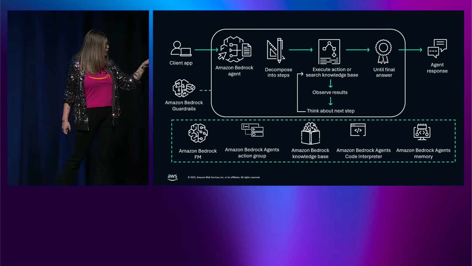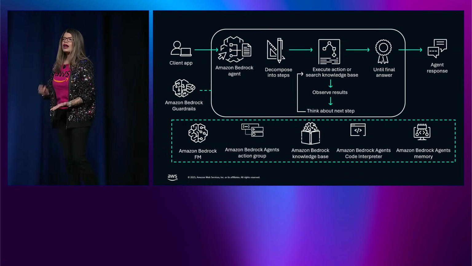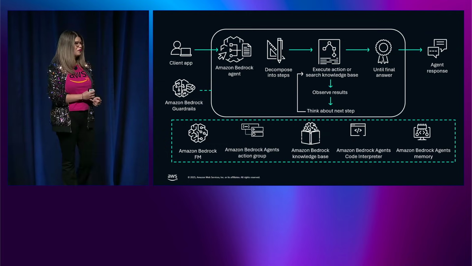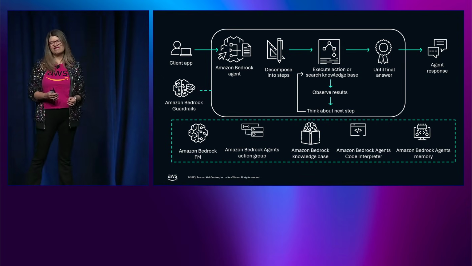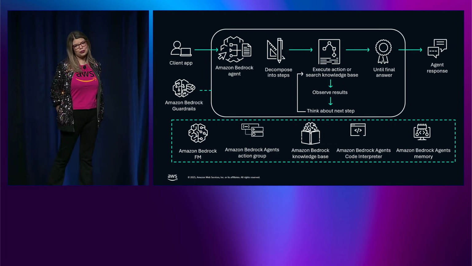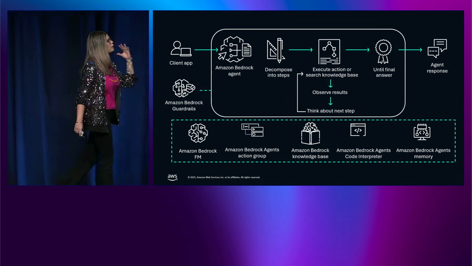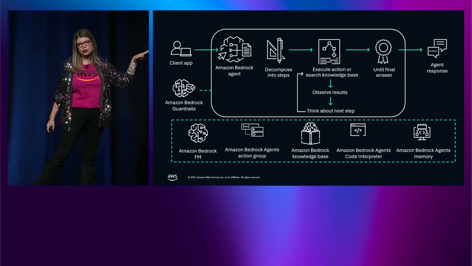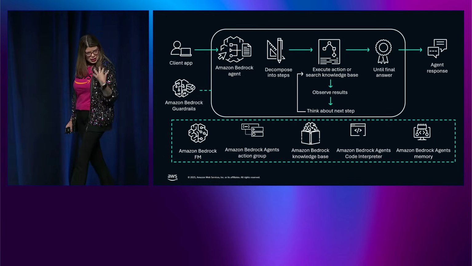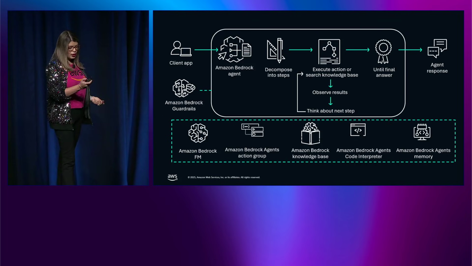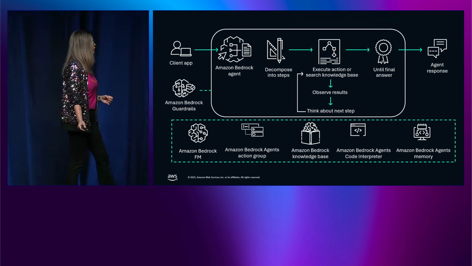The code interpreter: sometimes we have to execute code, and the LLM itself won't provide this code with the quality that we expected. So when we have a different model to provide this kind of execution for a specific need, it's better. And the memory configuration. We are going to talk about the memory.